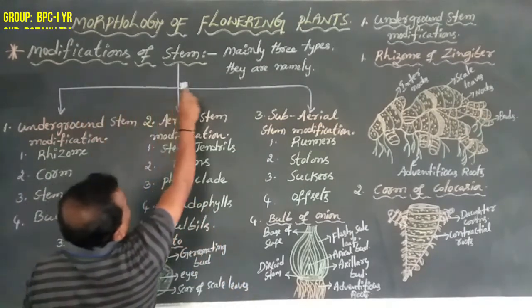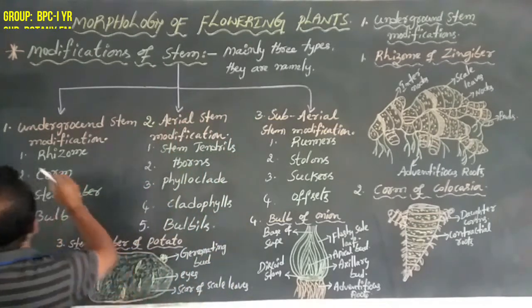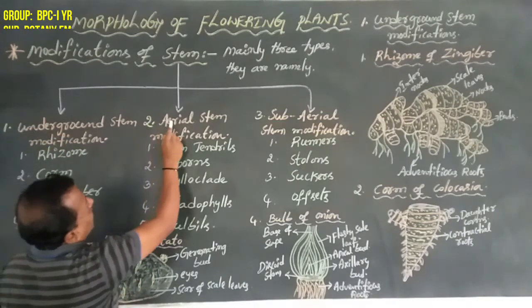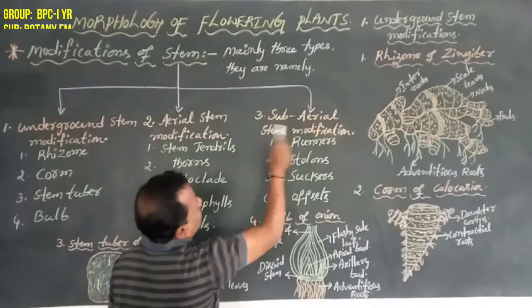Modifications of stems are mainly of 3 types, namely: first, underground stem modification; second, aerial stem modification; third, sub-aerial stem modification.